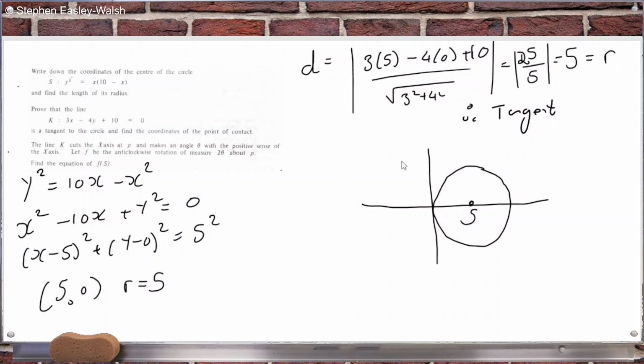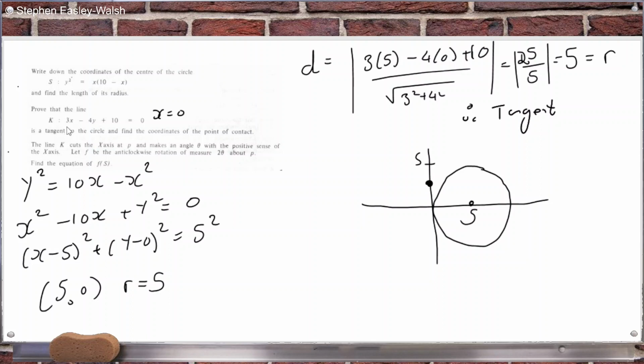And our tangent line, if I just rewrite this a little bit, well, I see that it crosses. If I was to put x as 0, that would make y equal to 10 over 4, which is 5 over 2, which is 2.5.